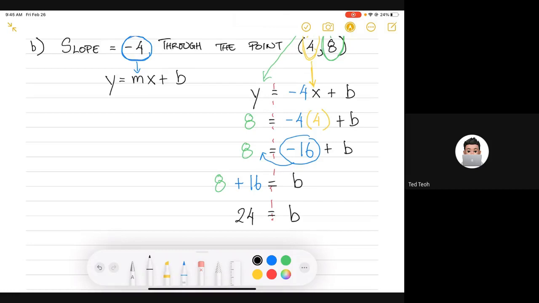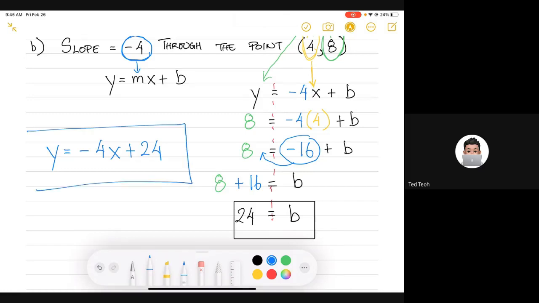And that's what b is. I got b by itself. I'm done the question. Now I just need to write out my answer. My answer is going to be y equals -4x plus 24. And that is how you find the equation of a line that goes through a point.